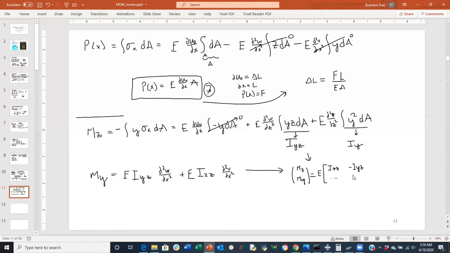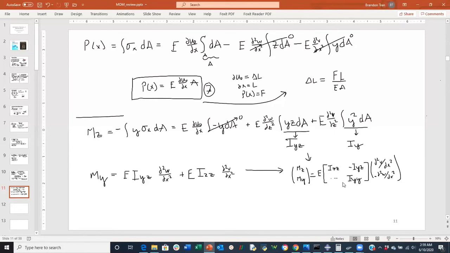This matrix right here is diagonal symmetric. And then Iyy here. Multiplied by the curvatures, d squared v dx squared and d squared w dx squared, the second order partial derivative of the z deflection with respect to x.